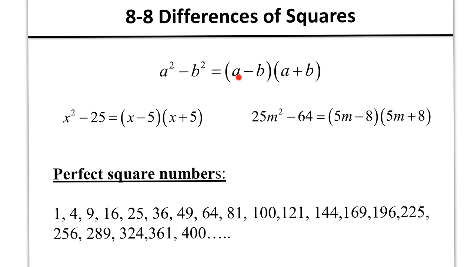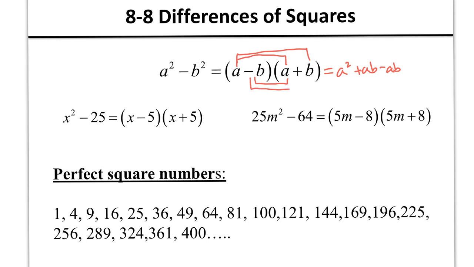So if you multiply these two right here, you will get this back. If you're not sure, I'm going to show you here in the video. When you multiply, you will get that polynomial back. We distribute a times a, and that's going to be a squared. We multiply a times b, that's positive ab, and then negative b times a is minus ab. You put the variables in alphabetical order.